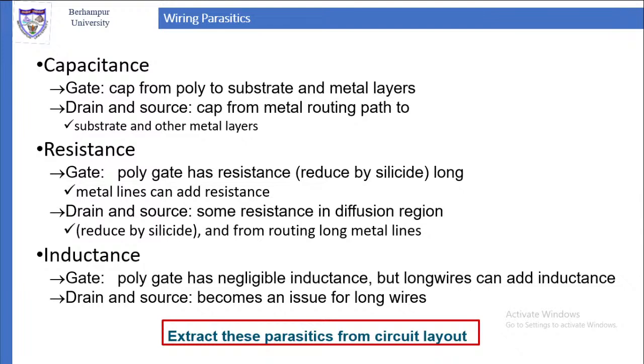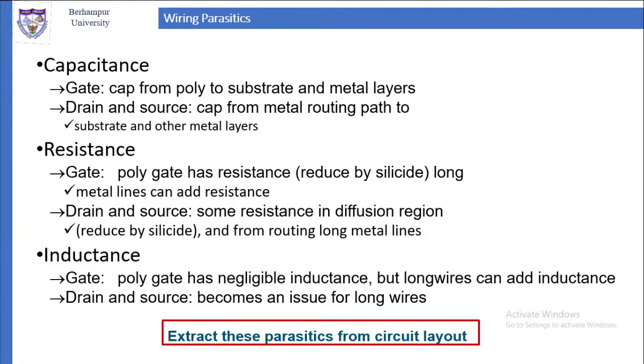Now, beyond these capacitances, what will be there in the MOS transistor is the wiring. Different parts we have to wire. From the gate, we have to bring out a wire with which we will connect the circuit. Similarly, from the source we have to bring out a wire, and from the drain we have to bring out a wire.